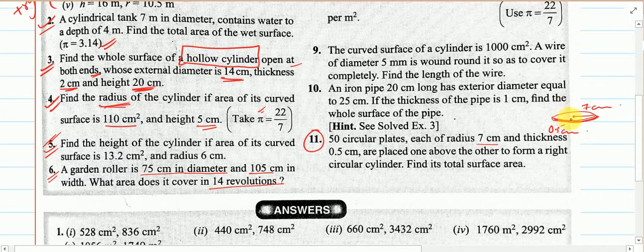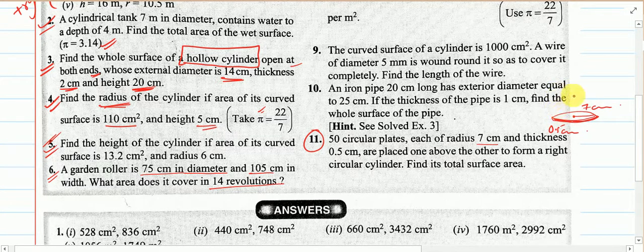Now the question is, if such plate, okay, if this type of 50 plates are kept, okay, piled, then what would be the total surface area?